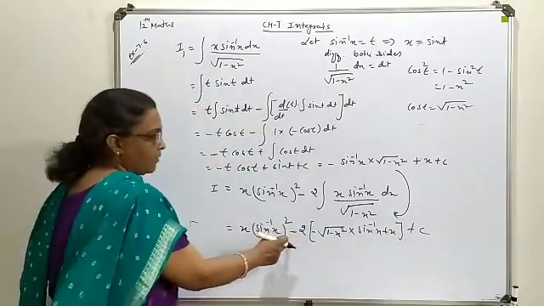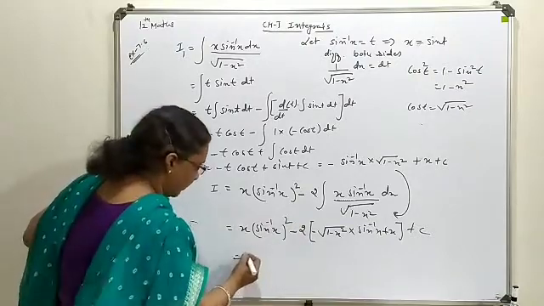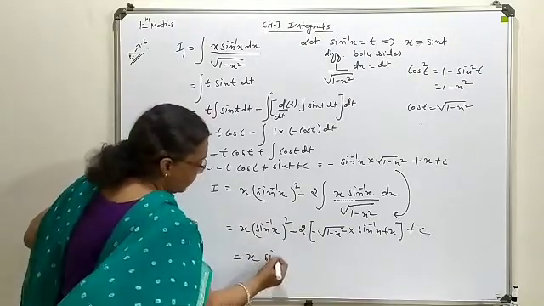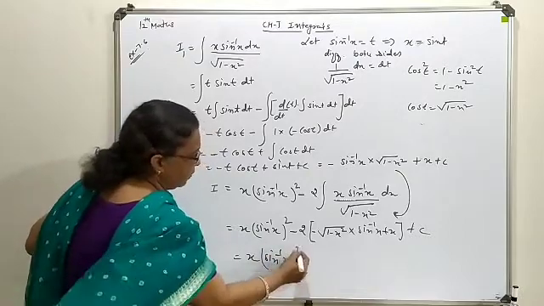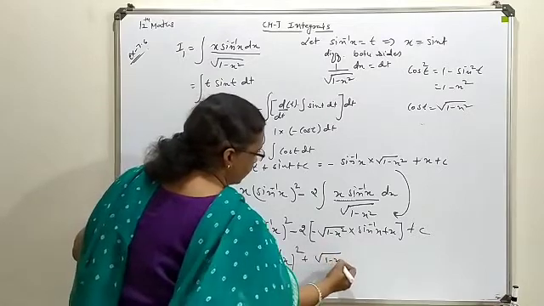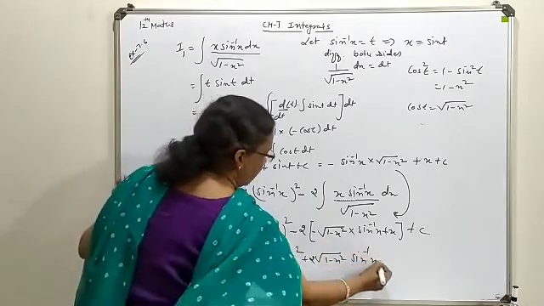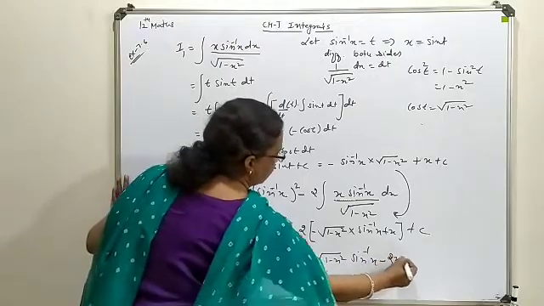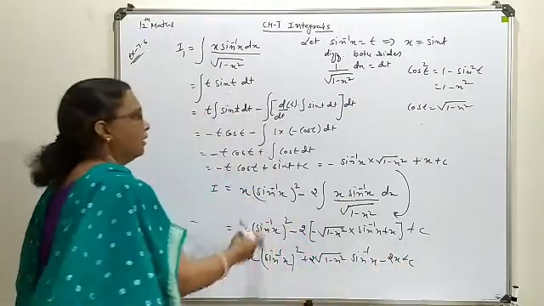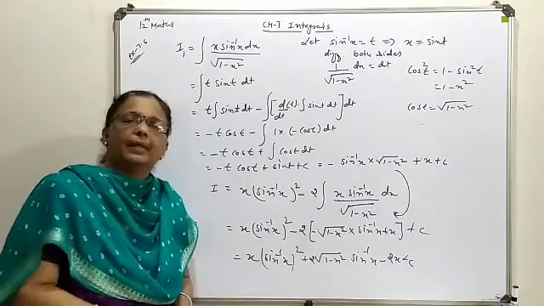You can multiply this minus 2 to the individual form and make each term separate as x sin inverse x whole square plus 2 under root 1 minus x square sin inverse x minus 2x plus c. So this way you have to handle all types of situation using by part method.